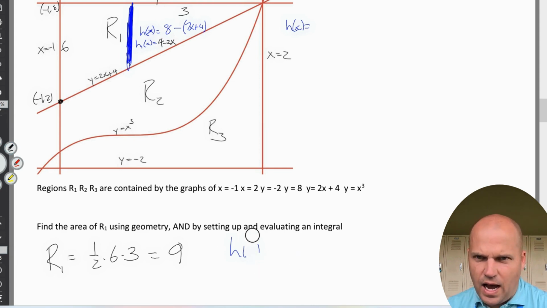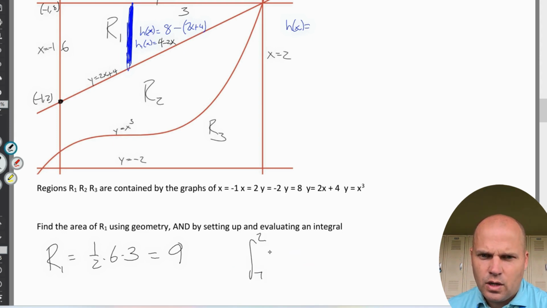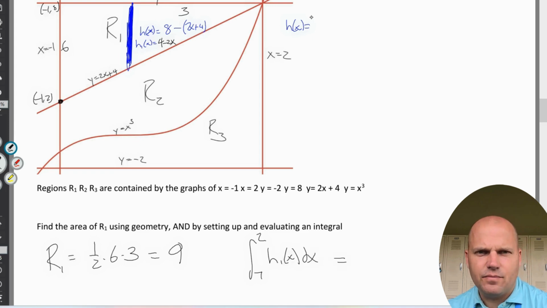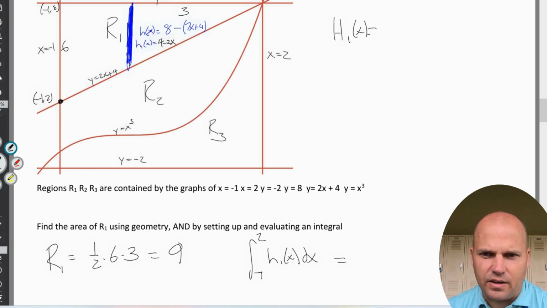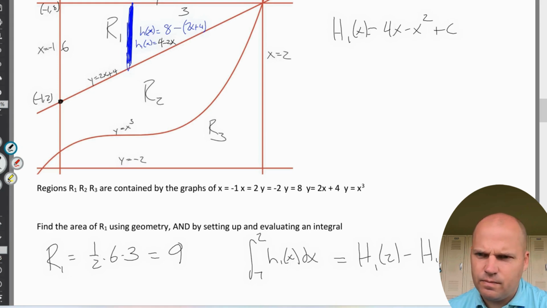So if I accumulate from negative 1 to 2, h1, I should get 9. Now let's go ahead and over here have super h1, because I don't have a calculator, and understand I get 4x minus x squared plus c. So I need super h1 of 2 minus super h1 of negative 1.